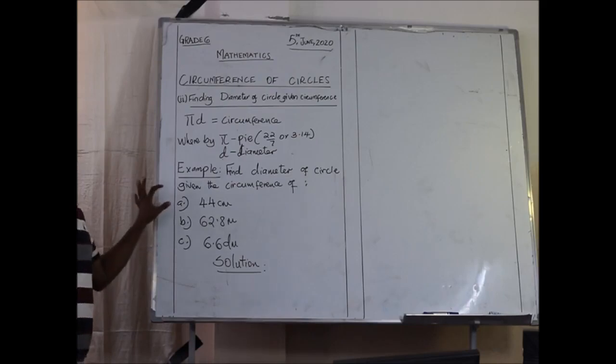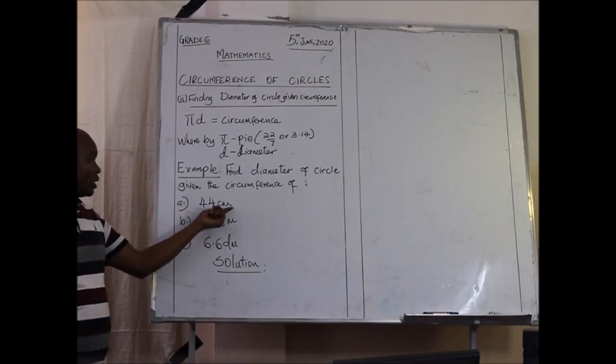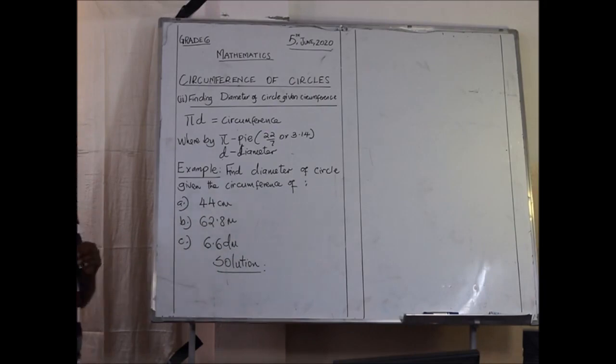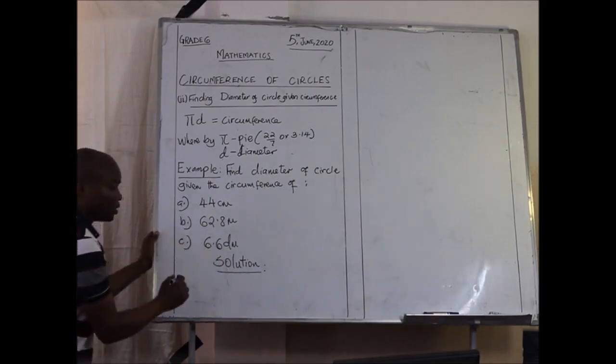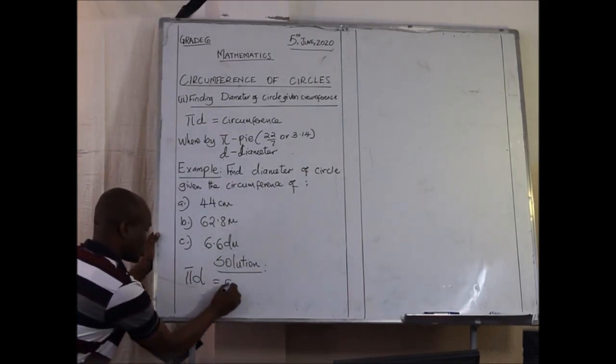The first question is to find the diameter when the circumference is 44 centimeters. Units are very important. Here we have centimeters, here we have meters, and here we have decimeters. So we need also to consider the units. From what we know, pi d is equal to circumference.